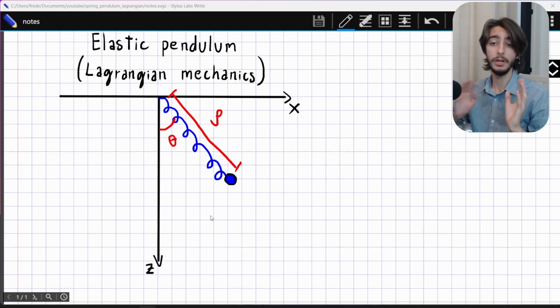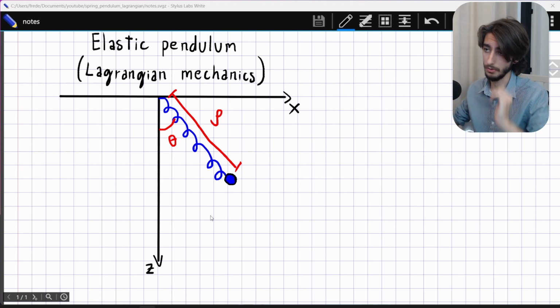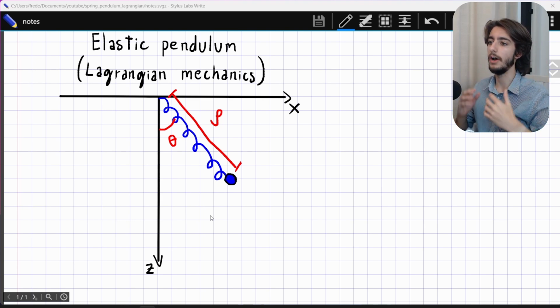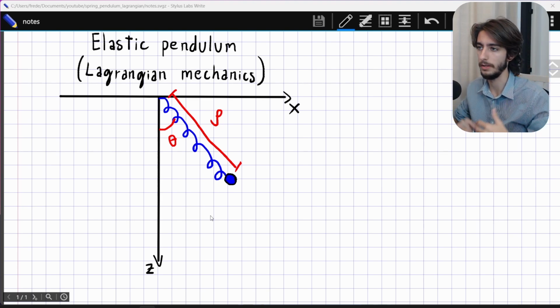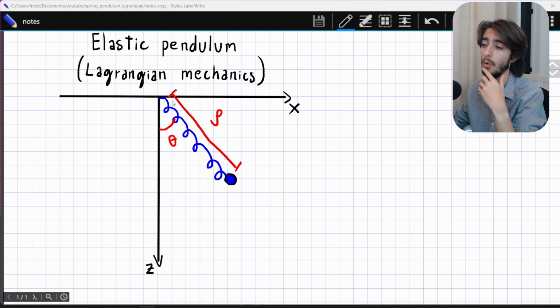The first thing I'm going to do is define polar coordinates, right? Even though I am defining this Cartesian coordinate system, I am going to be using polar coordinates, meaning we're going to use the angle, and we're also going to use the size of the spring.